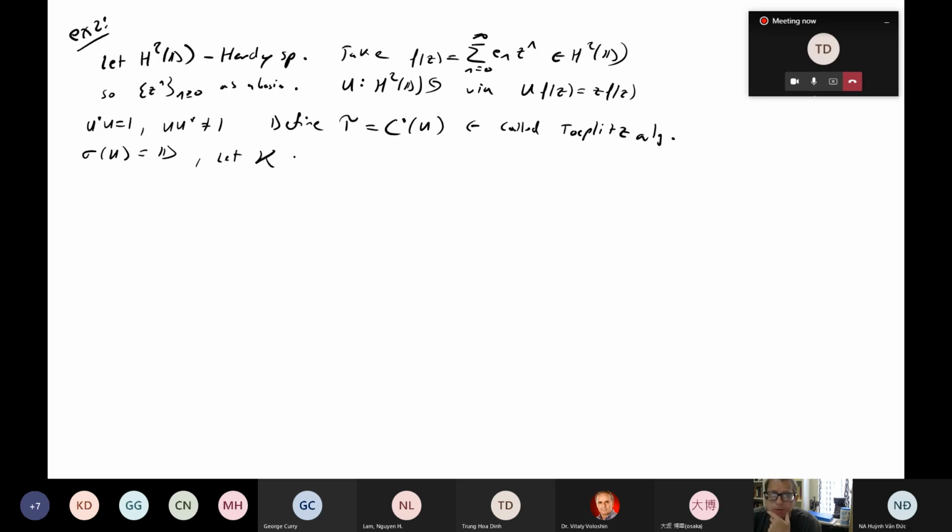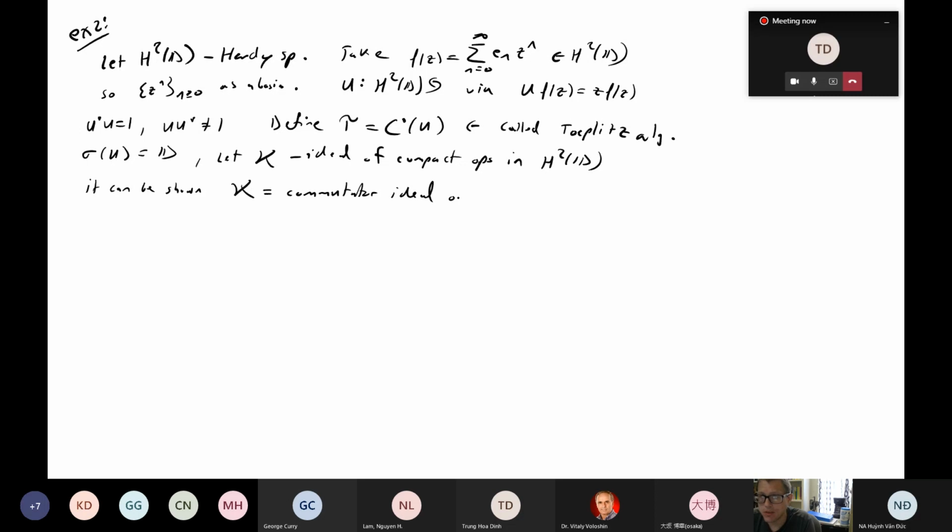What other little observations can I make? Well, if I let fancy K be the ideal of compact operators in L2, or sorry, H2, it doesn't matter, right? Then it can be shown that K is actually equal to the commutator ideal of the Toeplitz algebra, meaning that I look at the commutator of U and U star and generate all the formal elements of that guy.